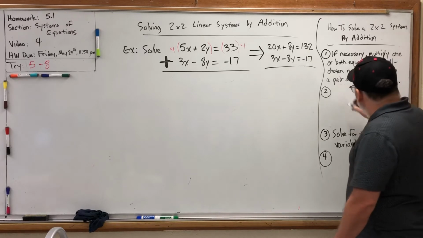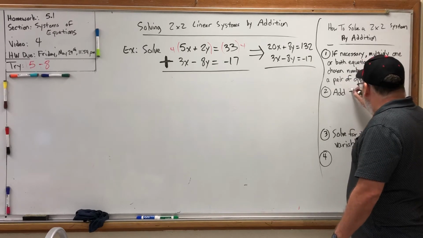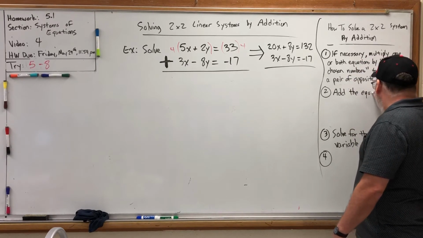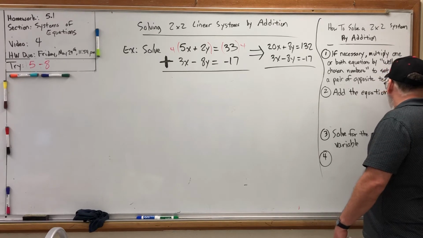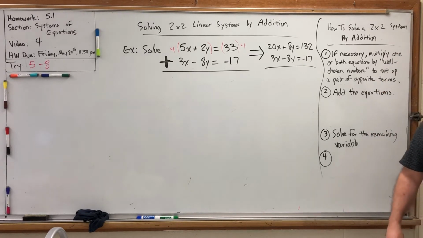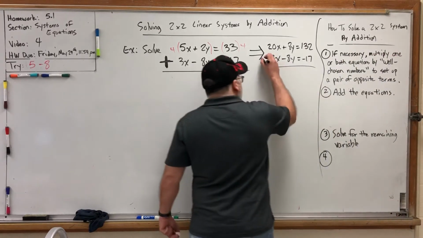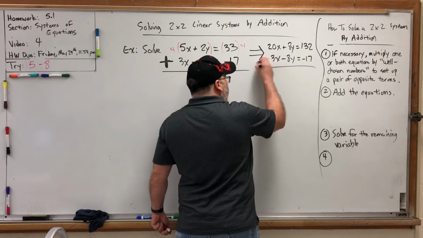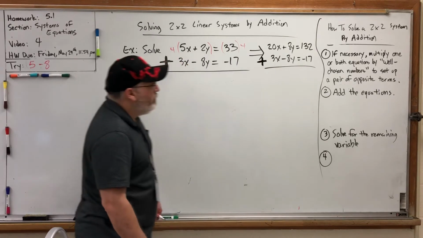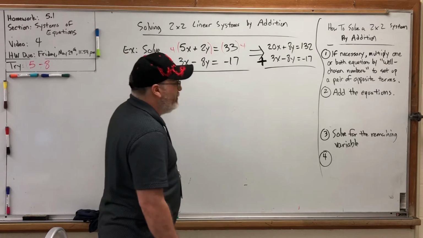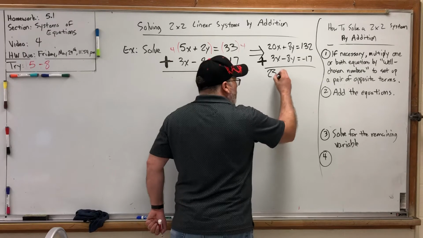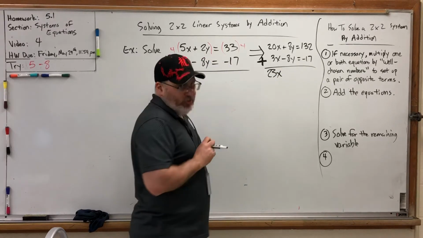Your second move is add the equations. That's all. If you did the first move correctly, you should be left with one letter. When I do a giant addition, again, that's just my own notation, a super plus sign. When I add these equations, I will get 23x's, but the y's will cancel.